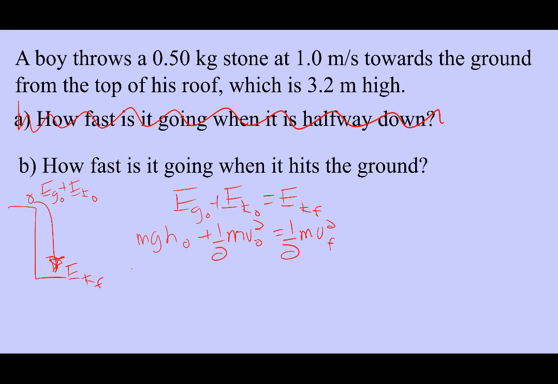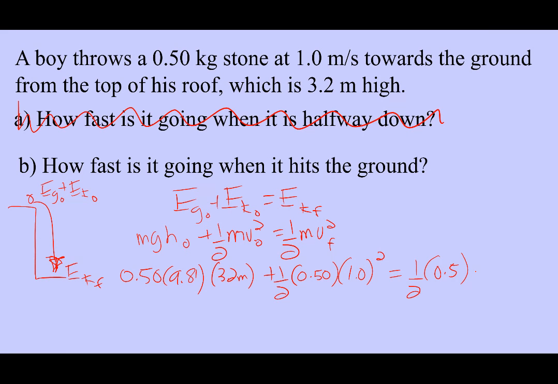Plug in some numbers. It's 0.5 kilogram, so 0.5, 9.81 times that initial height, which is 3.2 meters, plus 1/2 times 0.5 kilograms, and times that initial speed of 1 meter per second, and I got to make sure that's squared, equals 1/2 times 0.5 kilogram times V final squared.